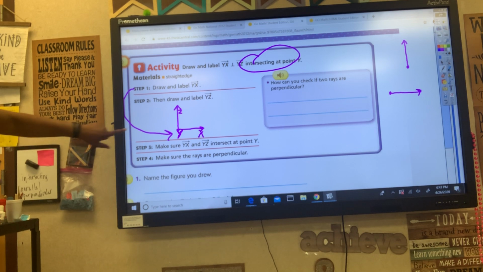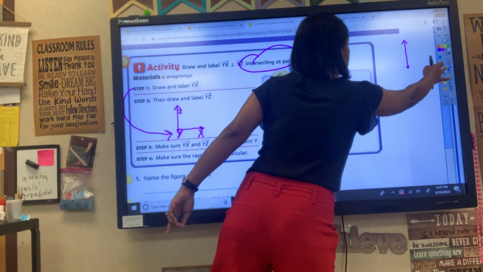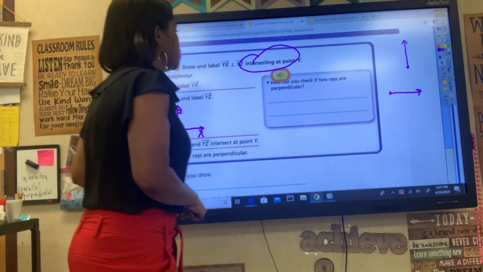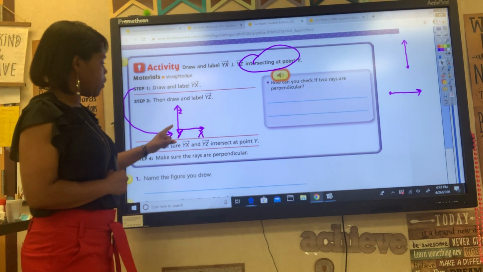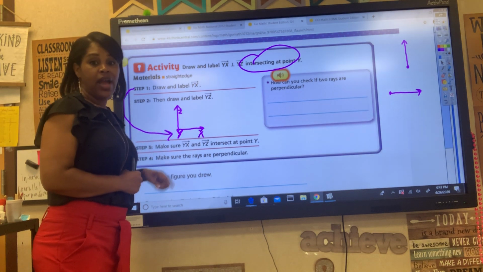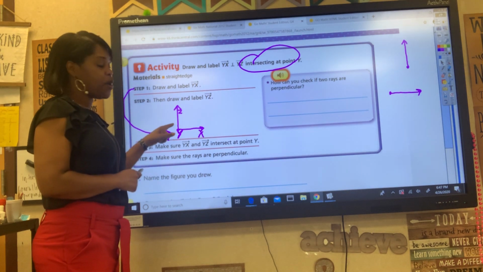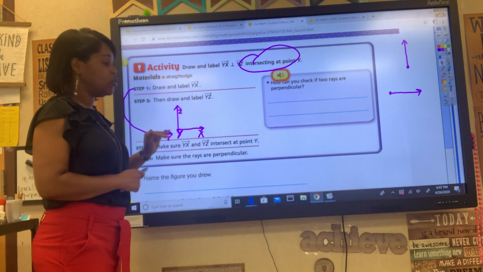Well, before we look at number 1, let's answer this question. Math talk. Explain how you can check if the rays are perpendicular. So how can we check to see if the rays are perpendicular? We said that perpendicular lines form a right angle.